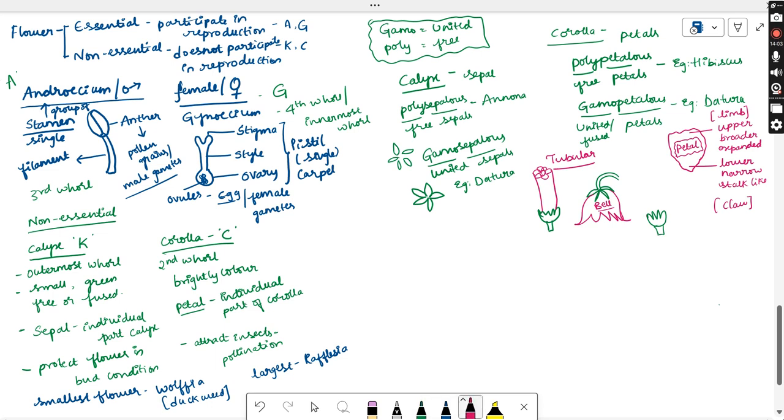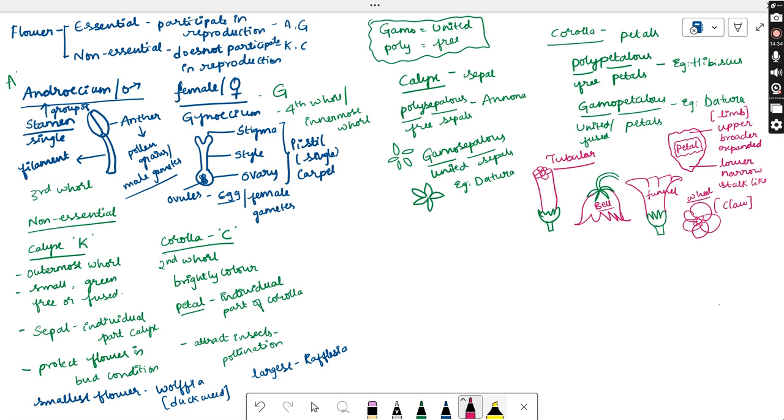So here you can find this in the case of Datura. These flowers are look like a funnel shape. So the funnel is different, this tubular is different. And another type is a wheel type. So it look in this way. Yes. So all these are the different shapes of the flowers based on the arrangement, based on the size of this petals.